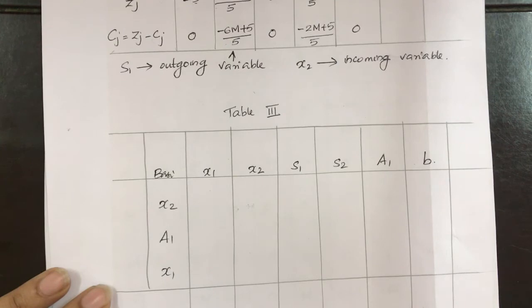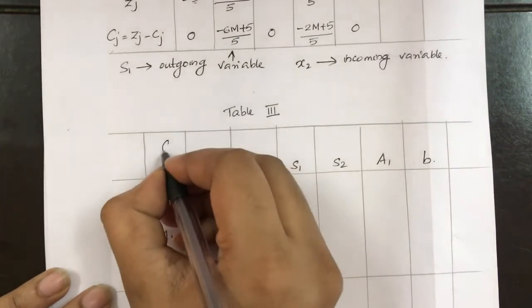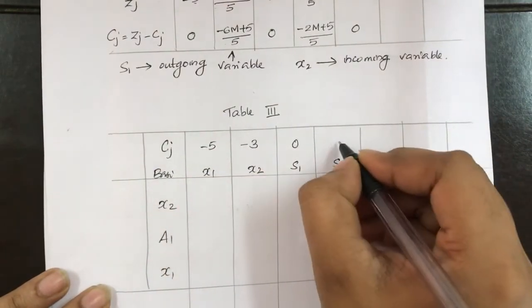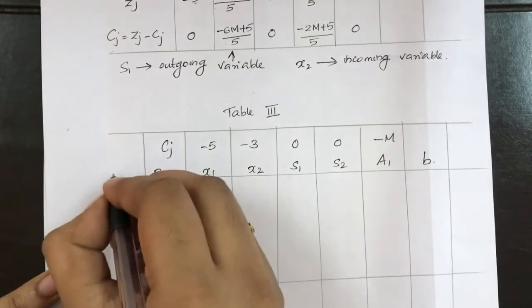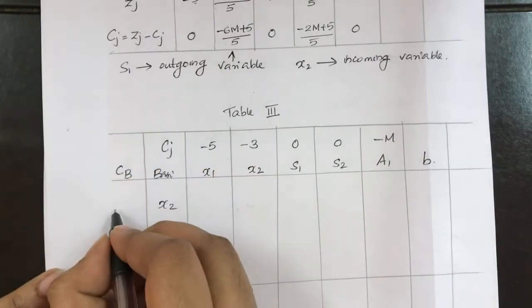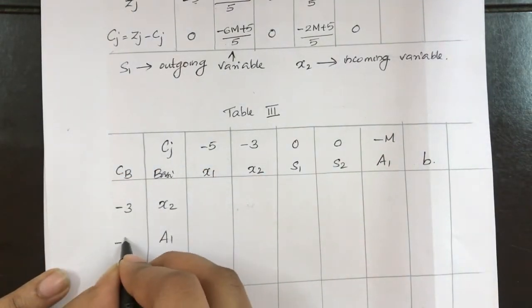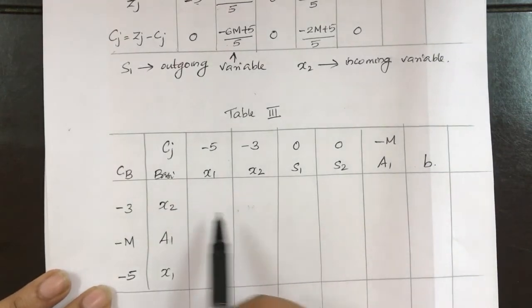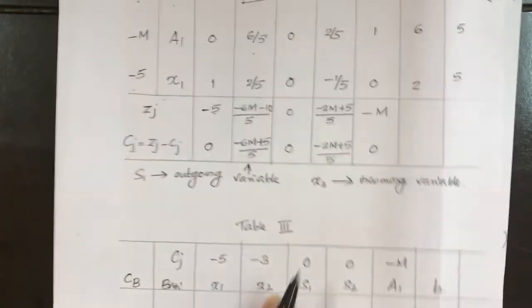And Cj values are -5, -3, 0, 0, -m, and Cb values are -3, -m, -5.